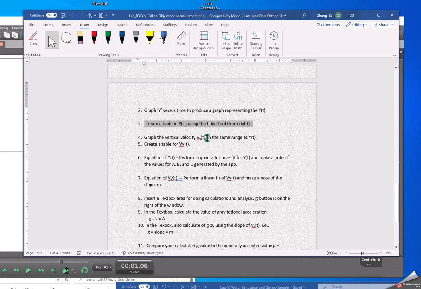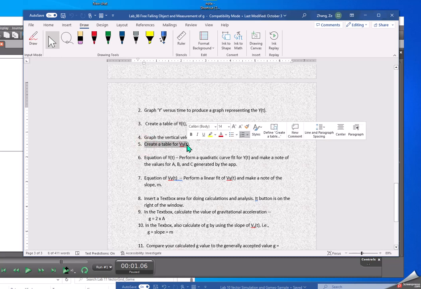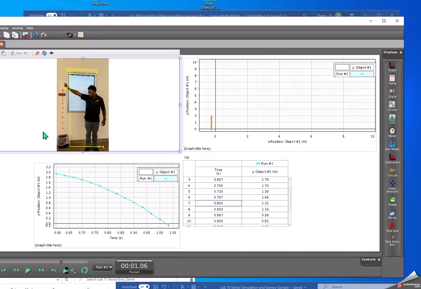So then what we actually do is use get y velocity and y, create a table. But this time, for the same object, we want its velocity, which means the slope or the rate of change of this one. So get another one.